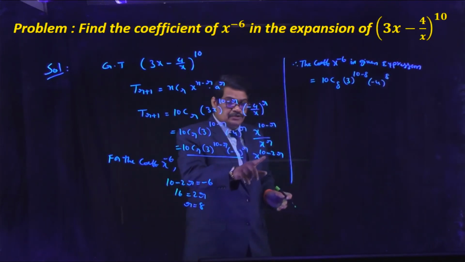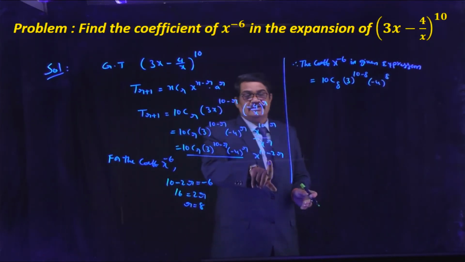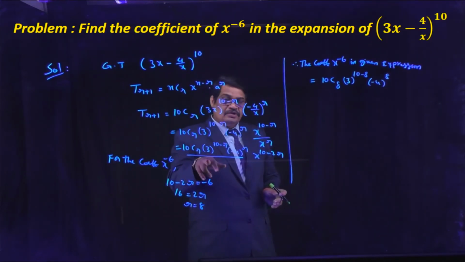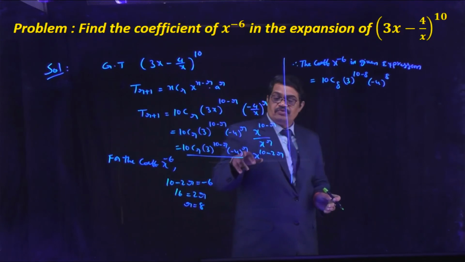So this is x to the power of minus 6. Now we want the coefficient, that is 10Cr 3 power 10 minus r into minus 4 to the power of r.